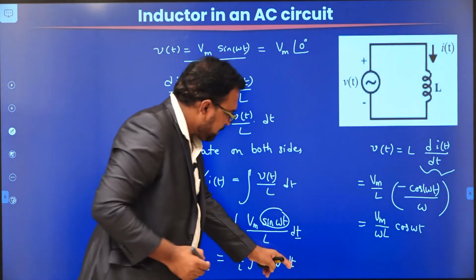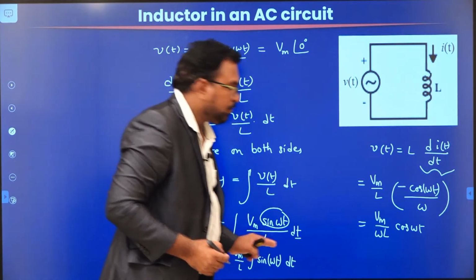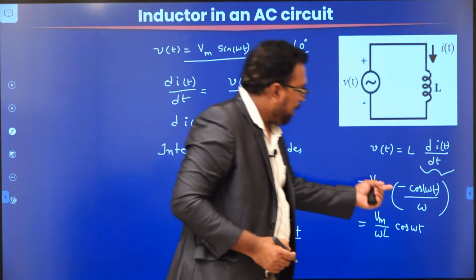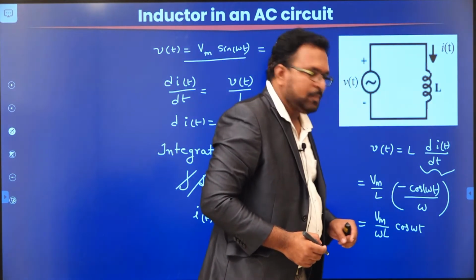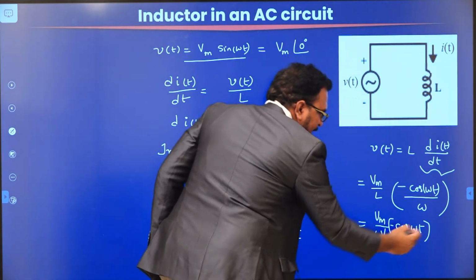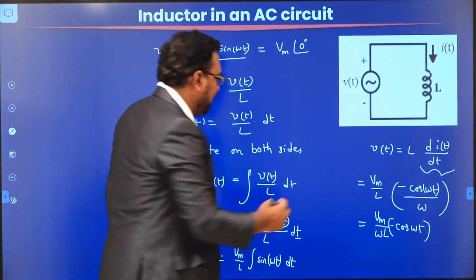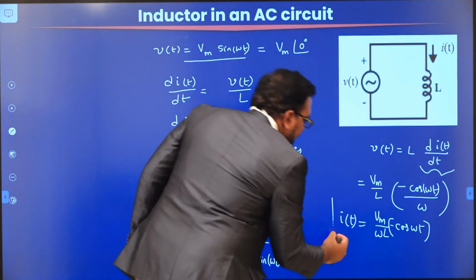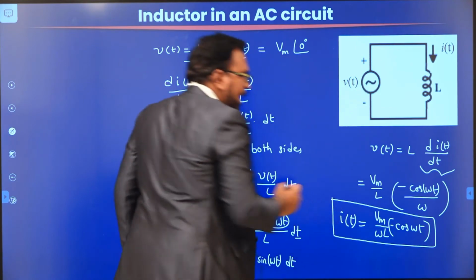Since we are integrating with respect to time, omega is a constant, so divided by omega. The integral of sin omega t dt is minus cos omega t by omega. Rearranging the terms, the final expression for current is I of t equal to Vm by omega L into minus cos omega t.